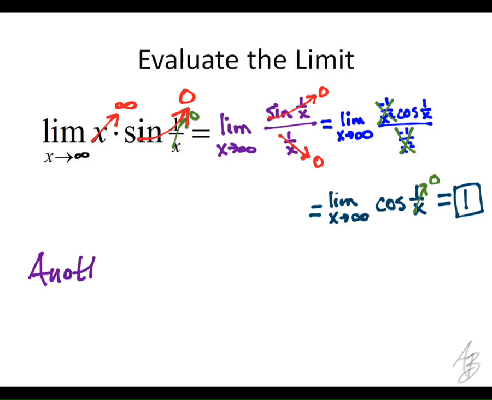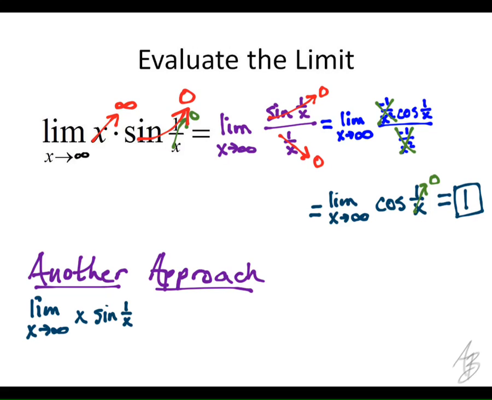Now, we did this another way. So another way we could do this is by using substitution and saying that 1 over x is going to be u, which means then that x is going to be 1 over u. And if we replace everything here, the trickiest part is figuring out what u is going to approach. So as x approaches infinity in this equation right here, what does u approach?